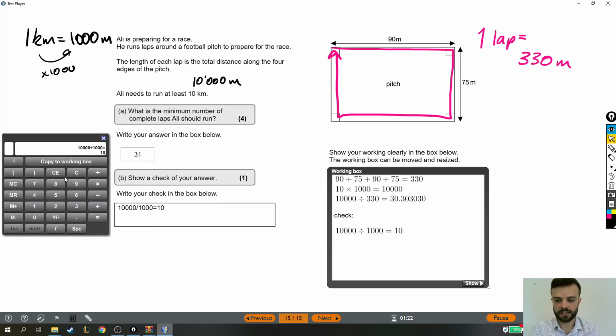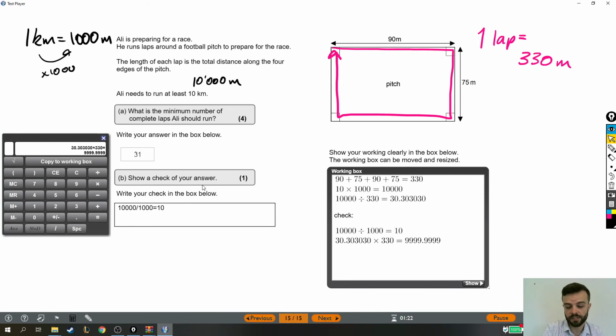So the second calculation that we could have checked was this one here. And if we do a reverse calculation, then what we do is we start with the answer, which is 30.303030. Instead of dividing by 330, we times by 330. Do we get 10,000? Not quite.